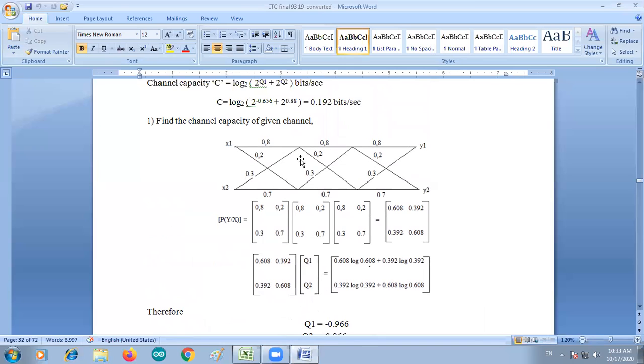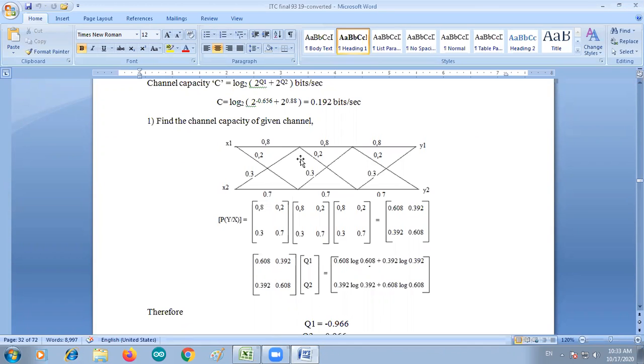In the cascaded one, input is 2 and output is also 2. It is simply the cascading of the number of channels. In the previous one, 3 channels are cascaded, and the inputs and outputs are the same. Because of 2 inputs and 2 outputs, Q1 and Q2 are the multiplication constants here.